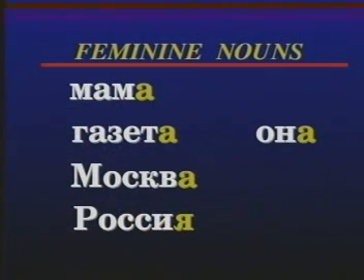And which pronoun do we use to replace a feminine noun within a sentence? Она. That's our feminine pronoun, which means she or it. Any feminine noun can be replaced with the pronoun она. Мама, она, газета, она, Москва, она, Россия is also она.